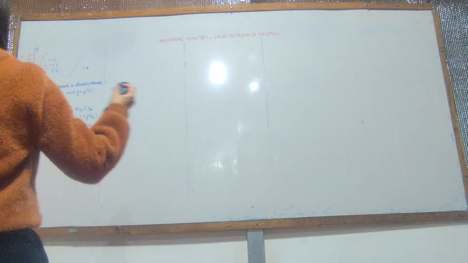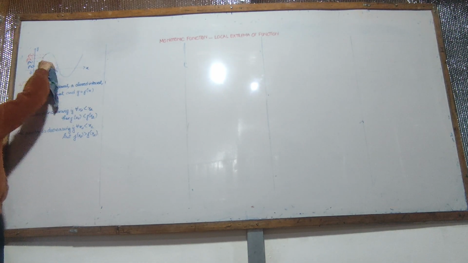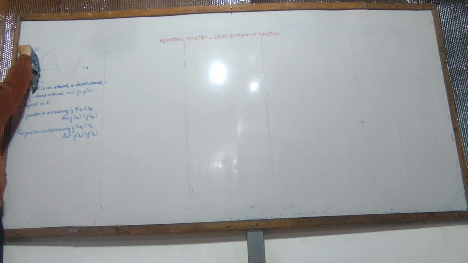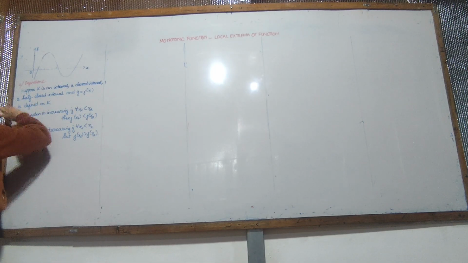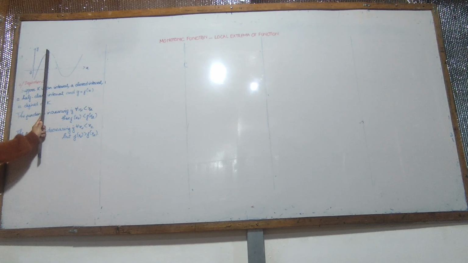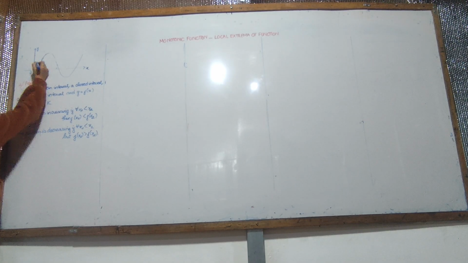Now look at the graph. At each point in the interval from A to B, if we take a point, then we draw the tangent line.